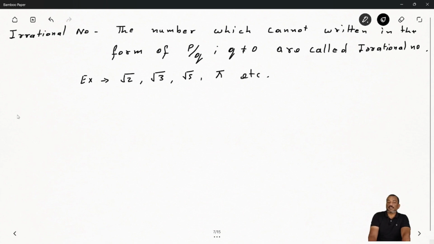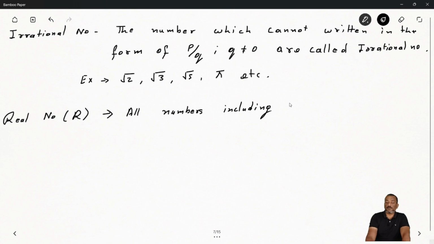Okay, now next one is coming about real numbers. Real numbers are denoted with the capital letter R. So you already know that a real number is a combination of rational and irrational numbers. So simply we can say all numbers including rational and irrational numbers are called real numbers.